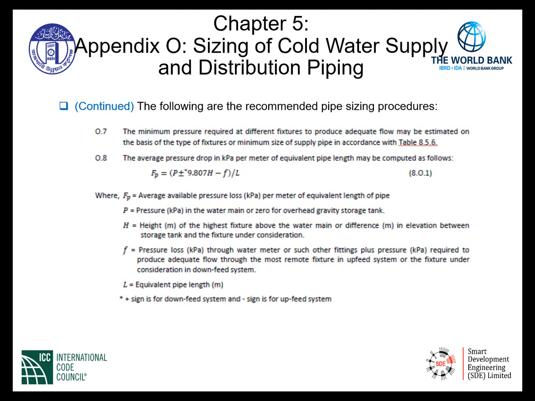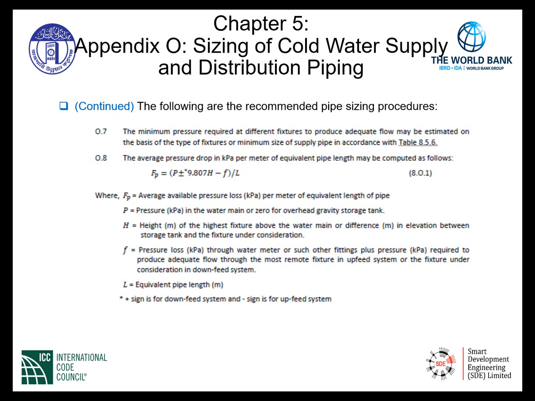F is the pressure loss in kilopascals through water meter or such other fittings, plus pressure required to produce adequate flow through the most remote fixture in upfeed system or the fixture under consideration in a downfeed type system. Once we have determined that quantity, we divide by L, which is our equivalent length of pipe in meters.